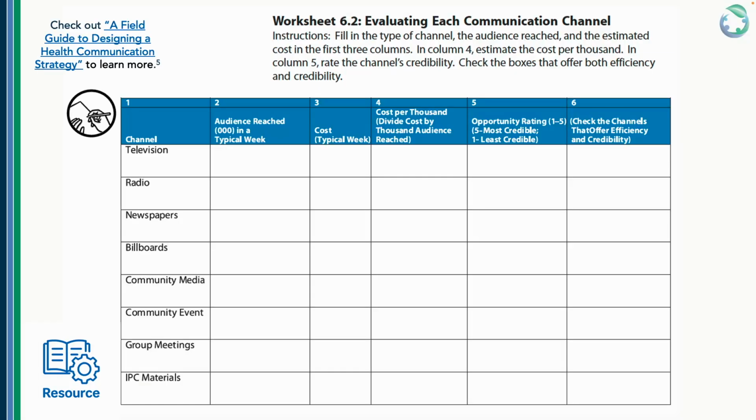As you begin narrowing down which channels to use, it's important to critically assess their effectiveness. Not all channels are equally efficient or credible, and what works in one rural setting may not work in another.